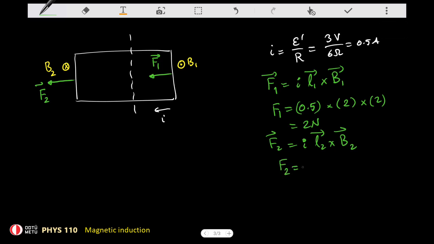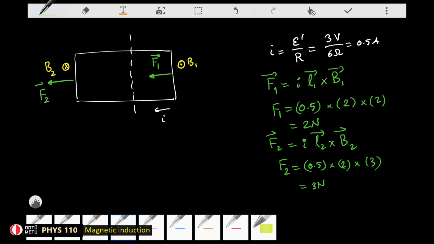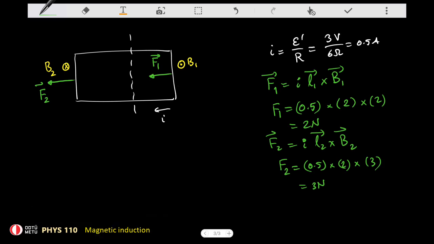So again, I'm going to write down the magnitude. Current is 0.5 amperes, the side length is 2, magnetic field is now 3, so that means this is going to give us the 3 newton value. So as a result, there should be an external force applied in here, in the rightward direction.